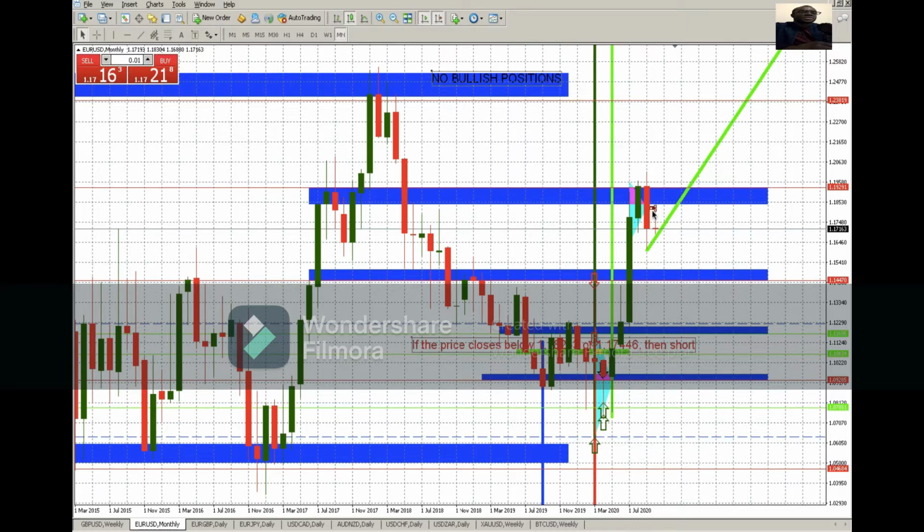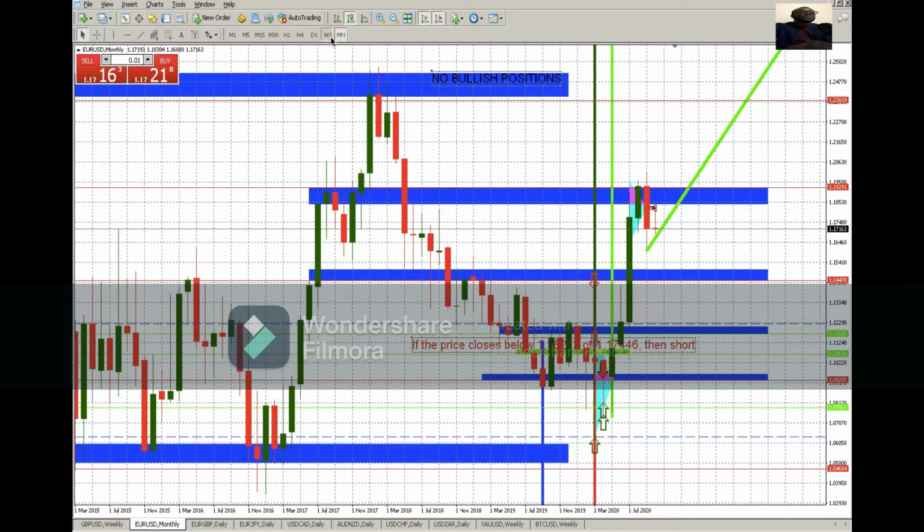So given this, we are expecting that the price is going to continue with the downward movement up to this 1.14470 support zone. As you can see, the price broke the support zone, so it's supposed to retest this zone, and if it holds, it's going to continue to the upside, and if it doesn't hold, it's going to continue to the downside.